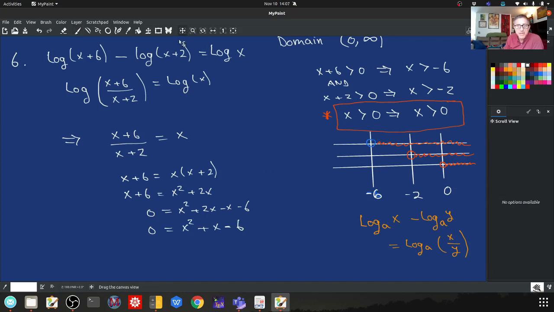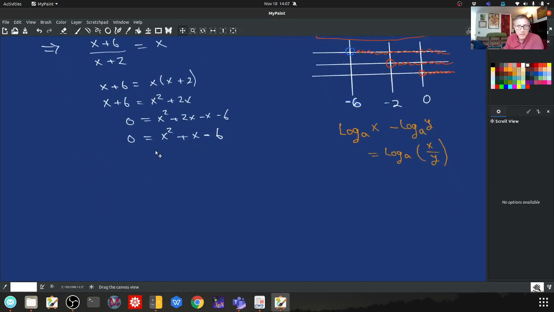So does this factor? Well, let's try it out. 0 is equal to x plus 3 times x minus 2. So let's do the Tic Tac Toe Method.